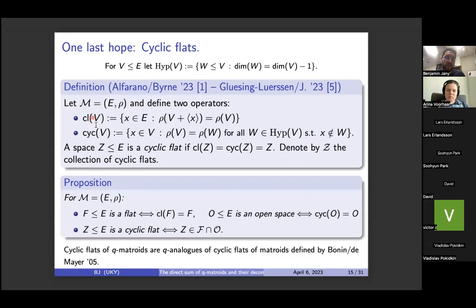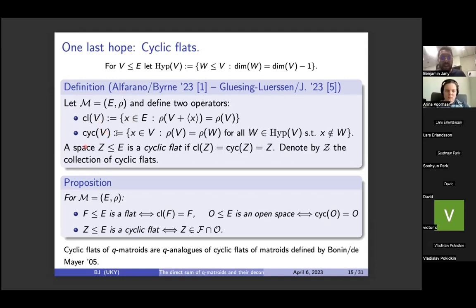If I take any subspace V of E, the closure of V will be all the elements in E that do not increase the rank of V. So if I take V plus the one-dimensional space generated by this element, I still have the rank of V. And it's easy to show that this closure of V, for any V, is in fact a subspace.